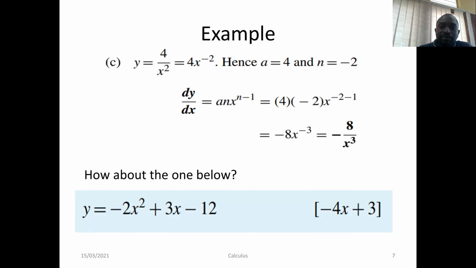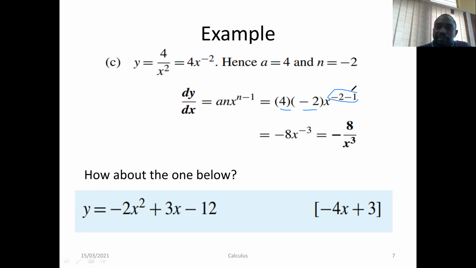Therefore, to find the rate of change of y with respect to x, again, the power is multiplied by the coefficient a, and x to the power n minus 1. Which simply means, again, you take the 4 there, which is your a, multiplied by the power n, which is minus 2, and then minus 1.